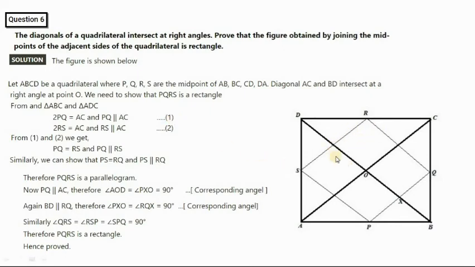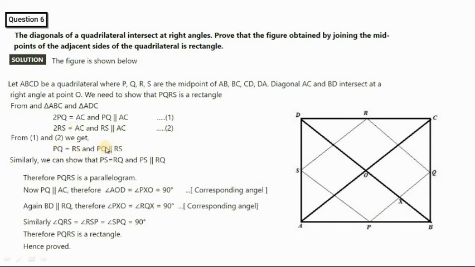Now in another triangle, that is ADC. Where is ADC? Let us see. ADC means we have to look at this triangle. Again in this triangle we have SR parallel to AC, and on top of that AC will be double of SR. If I combine these two, I can say that SR and PQ will be parallel, because if this is parallel to AC and this is parallel to AC, then SR and PQ both are parallel.